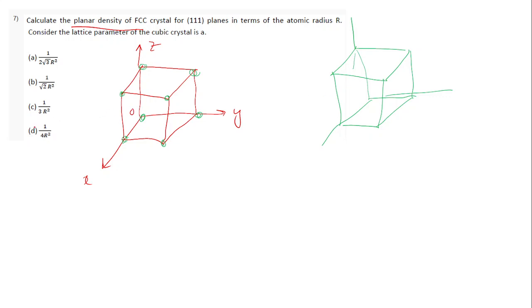So 111 plane. I'm sorry for this shabby diagram because I'm not using pen and paper. I'm using this writing pad. That's why I'm not right now able to control it very well. But I hope the things are clear. That this is a straight line. Okay. So 111 plane will be this.